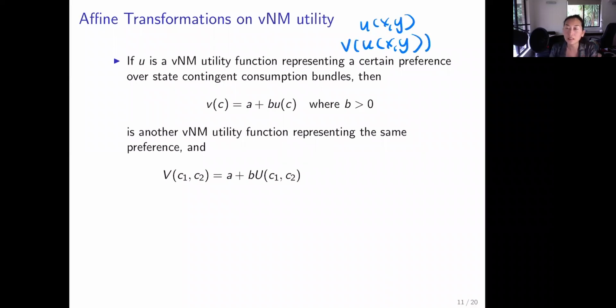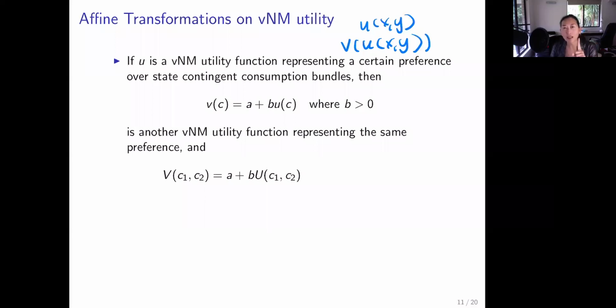We learned that in the previous lecture. Now with the expected utility function, we can transform the function but only in a certain way. Not any increasing transformation would work, because we are dealing with probability.